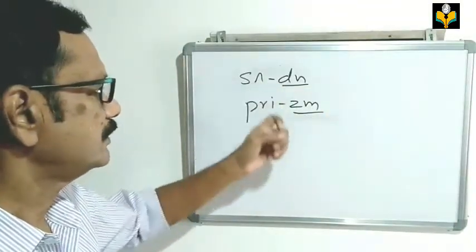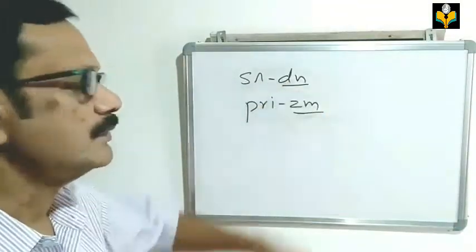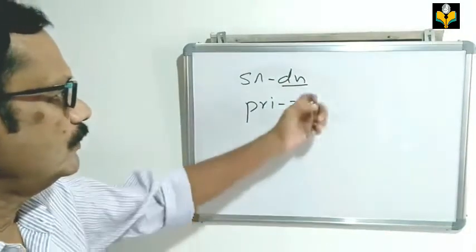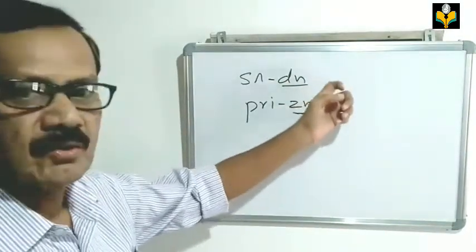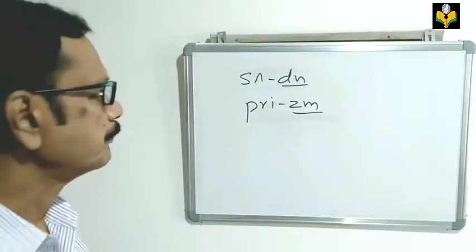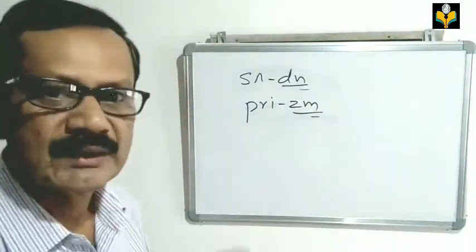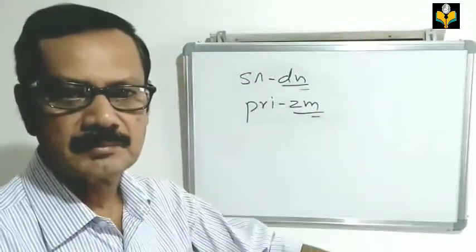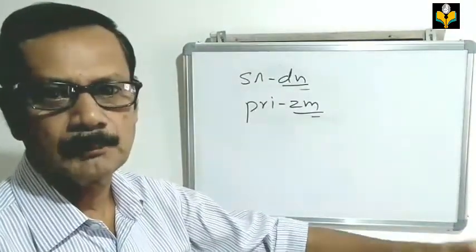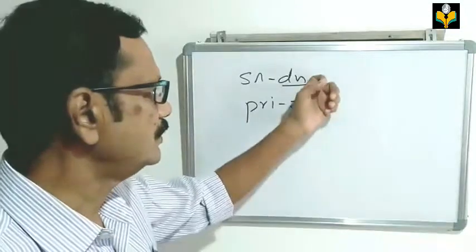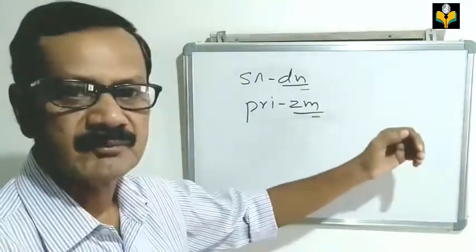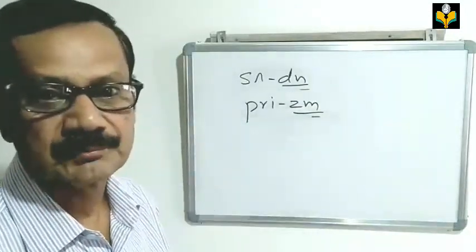Here a vowel is there, here one vowel is there, but no vowel there. So this type of consonants are called syllabic consonants. Here n and m are functioning as nucleus. Sudden, prism, bottle: so this n, m and l are functioning as nucleus.